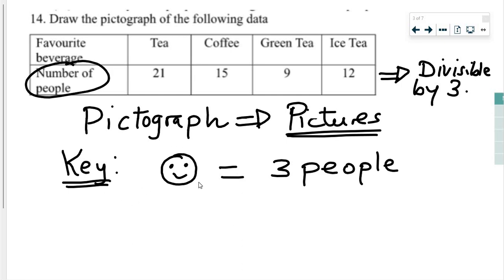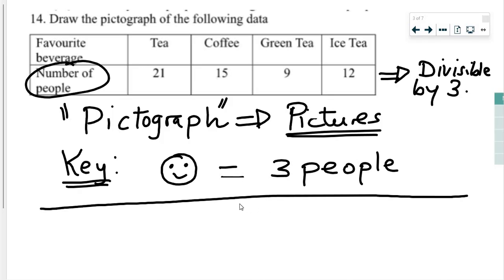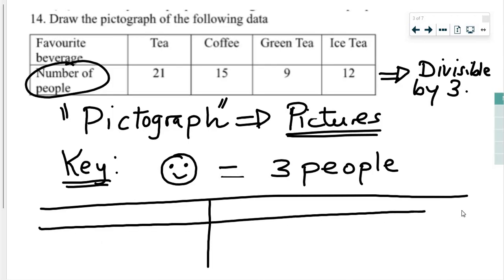Now, once my key is ready, meaning this symbol represents 3 people, then I can prepare what we call a pictograph, which is simply a table with 2 columns.